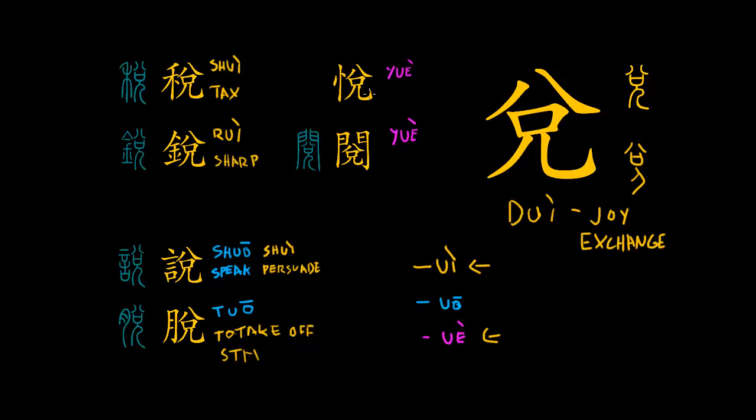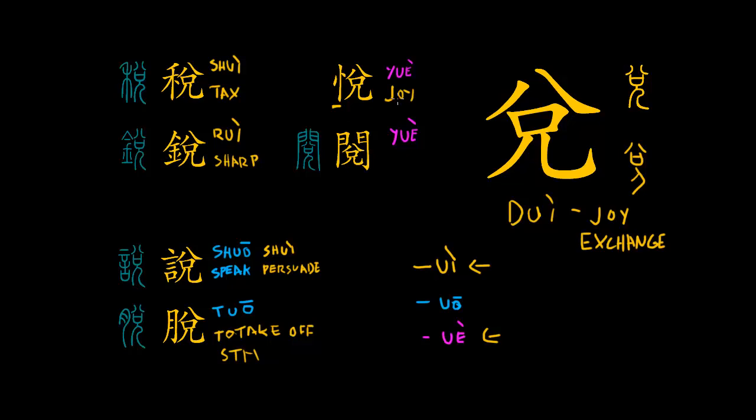Alright, so we have two characters left. The first character is pronounced yue, and it means joy. So basically it means the same thing as the title phonetic element. What might have happened was that this title character later on was mainly used for the meaning exchange, or both meanings were used for this character, and just to mark the difference, they created this character over here, which is basically the title phonetic element plus a new semantic element, which is this here, which is xin, and xin is a heart.